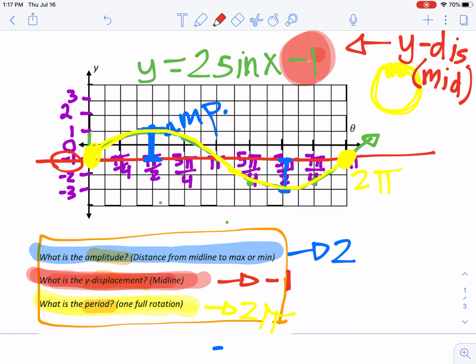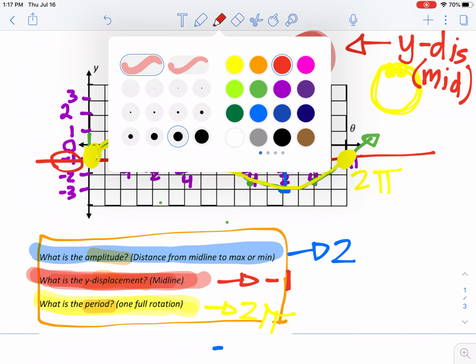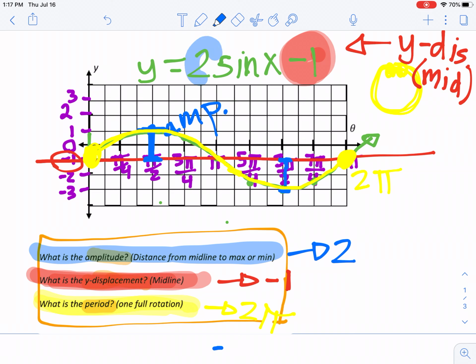Very similarly, our amplitude, which we found in blue, is no coincidence that that 2 right there corresponds with our amplitude. That number being multiplied to our sine, or sometimes it could be cosine, is always your amplitude.